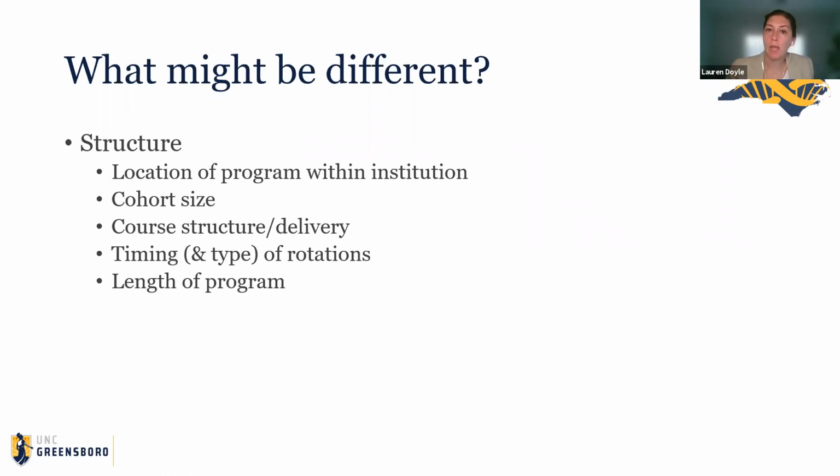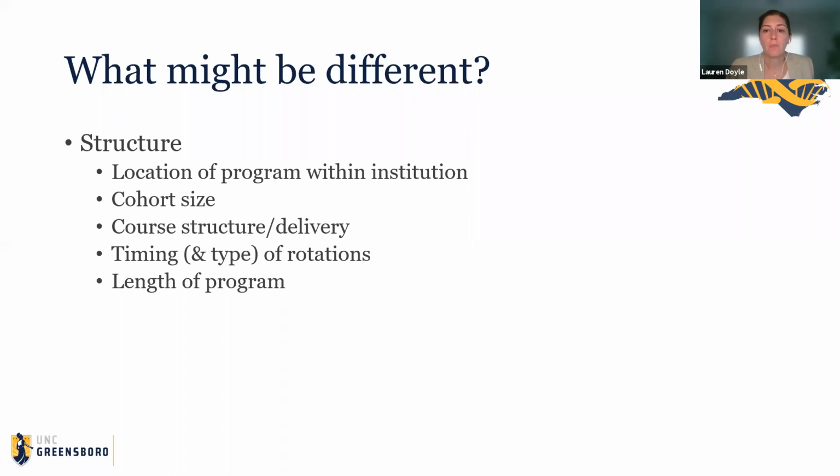Some are housed within schools of public health or departments of genetics or departments of biology, which are within schools of arts and sciences, or some like us are housed in schools of health and human sciences. This often influences the type of research or capstone requirements that are associated. And it may also influence the types of rotations or the lens through which the content is viewed. And I'll talk a little bit more about that in a second. No one area is specifically harder or specifically easier or is better or worse than the other.